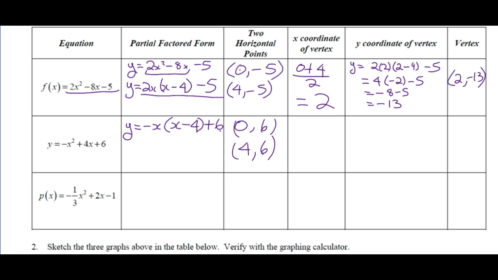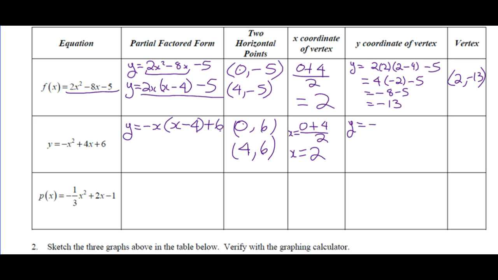Okay. What's the x-coordinate of the vertex? Yeah, so again, 0 plus 4 over 2. So we add up the x values and divide by 2. And so x equals 2. Is that right? Again, yes. Okay, what's the y-coordinate of the vertex? Got 2 choices, right? You can go into here, or you can go into here. Your choice, doesn't matter.